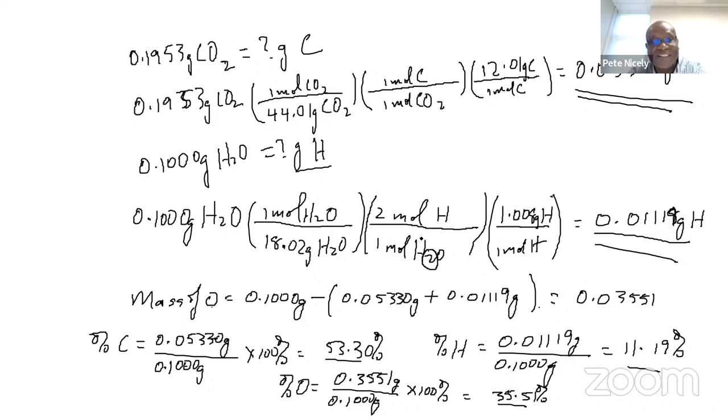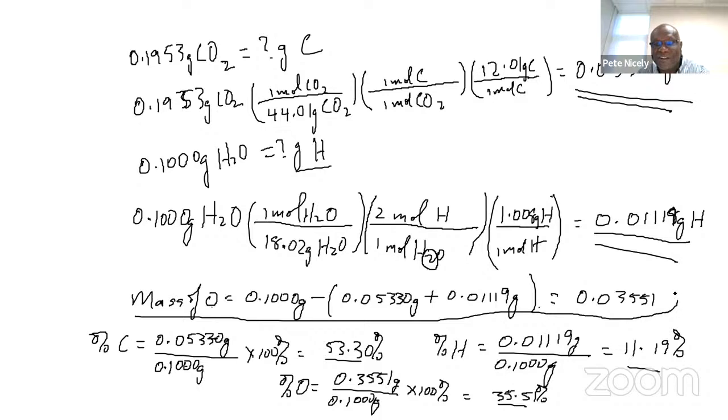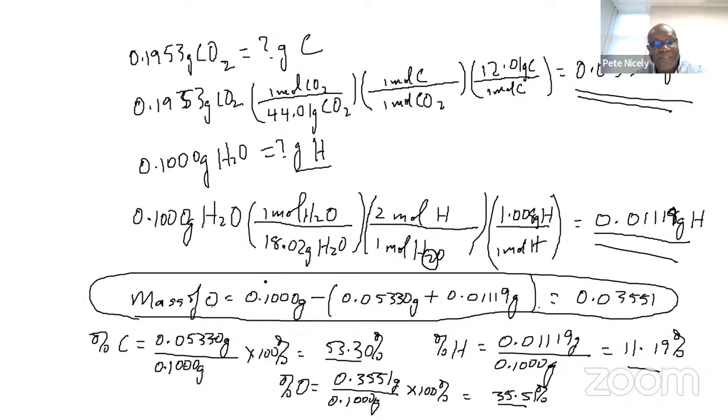Let me just say this, that in some cases, and I think that would be the case in some of the questions in the assignments I'm about to give you, you'll be dealing with hydrocarbons, right? Hydrocarbons are basically compounds which contain carbon and hydrogen. In those cases, this step right here will not be necessary, because if your compound contains only two elements, carbon and hydrogen, there's no need for you to do a calculation for the mass of oxygen.